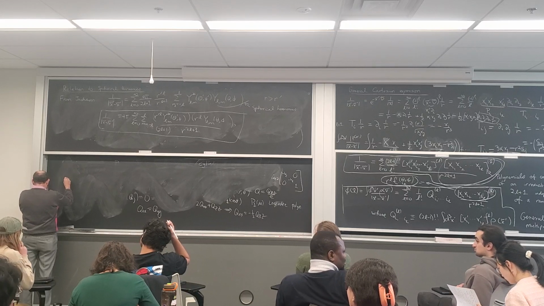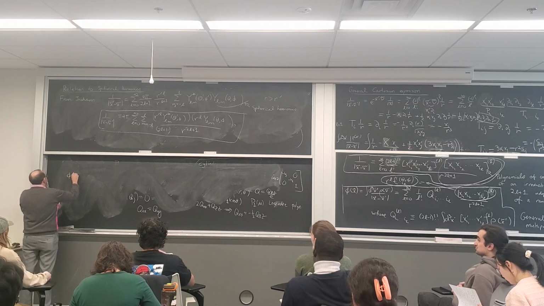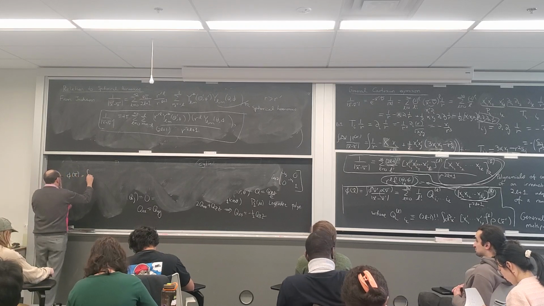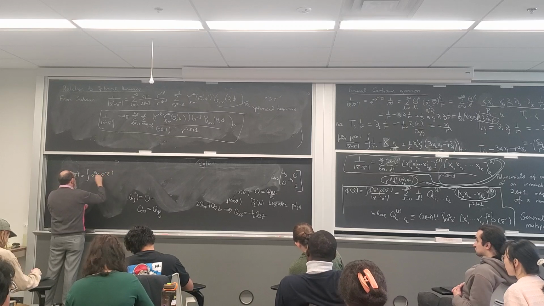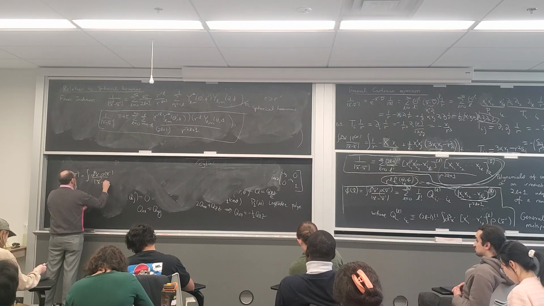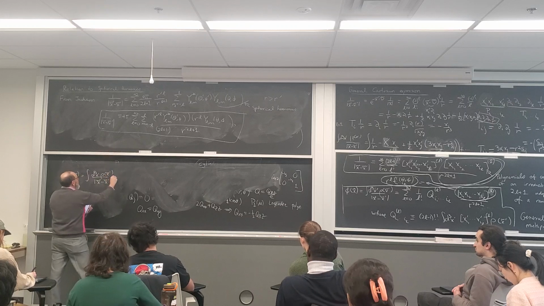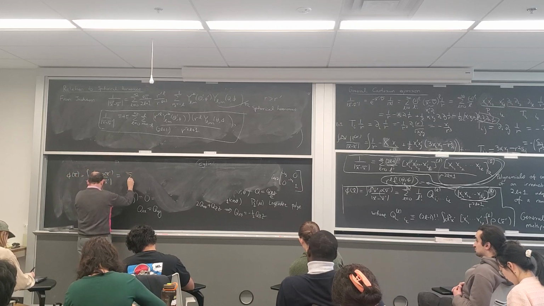So what that means is that phi of x, which is the integral over the charge distribution times the Green's function, plugging in what's called the addition theorem, we get the following thing.